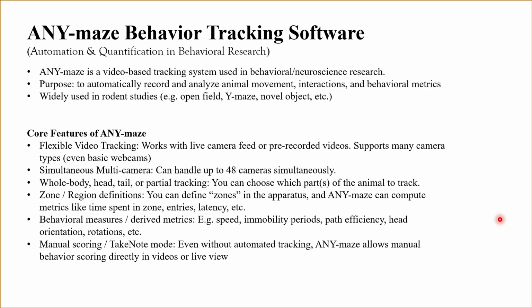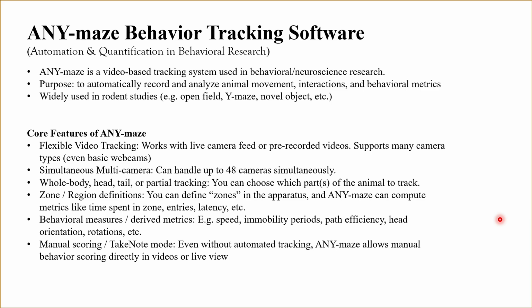It supports many camera types, and there is a simultaneous multi-camera option as well. You can track the whole body, or head or tail alone, or you can do partial tracking as well as whole body tracking.